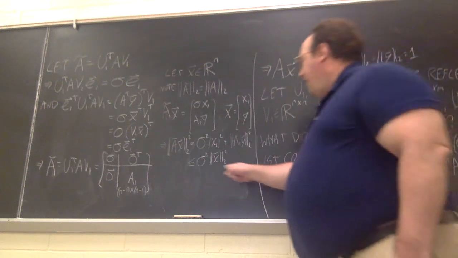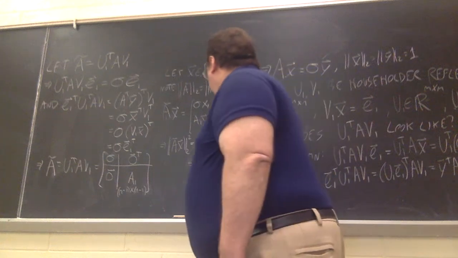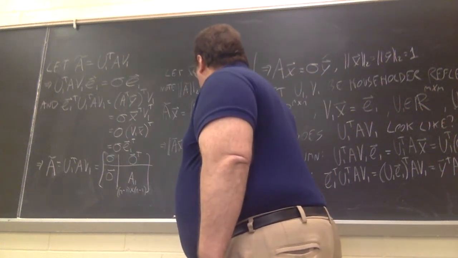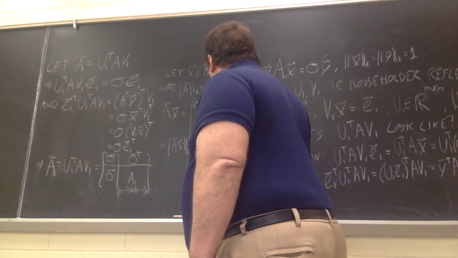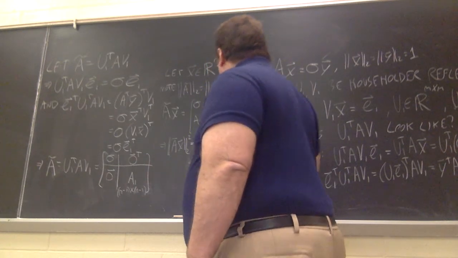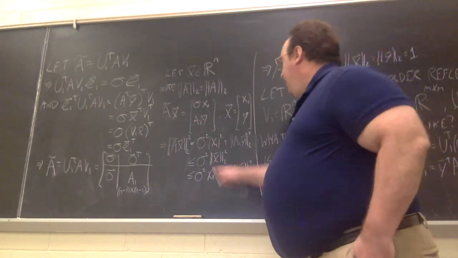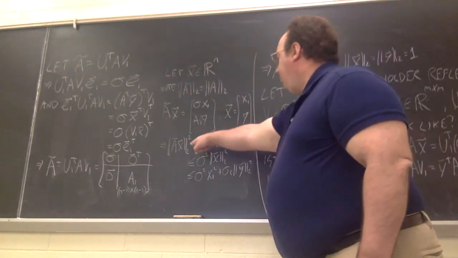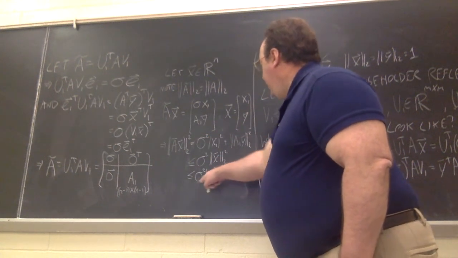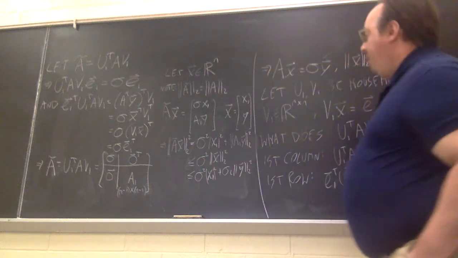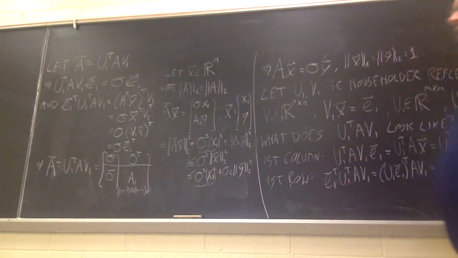Now, if I write out what this is in terms of the components of x, I get sigma squared x1 squared plus sigma squared 2 norm of y squared. So this right here, where we have equality, has to be less than or equal to this. But these two terms match, so I can cancel them.